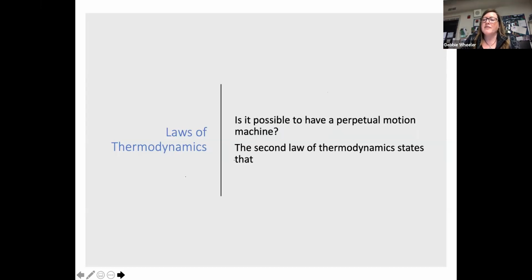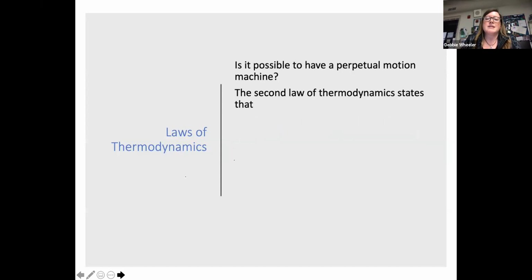What is the second law of thermodynamics? Energy goes to entropy. I like it. Can I have a little more from somebody else? Okay, we'll write this down then.